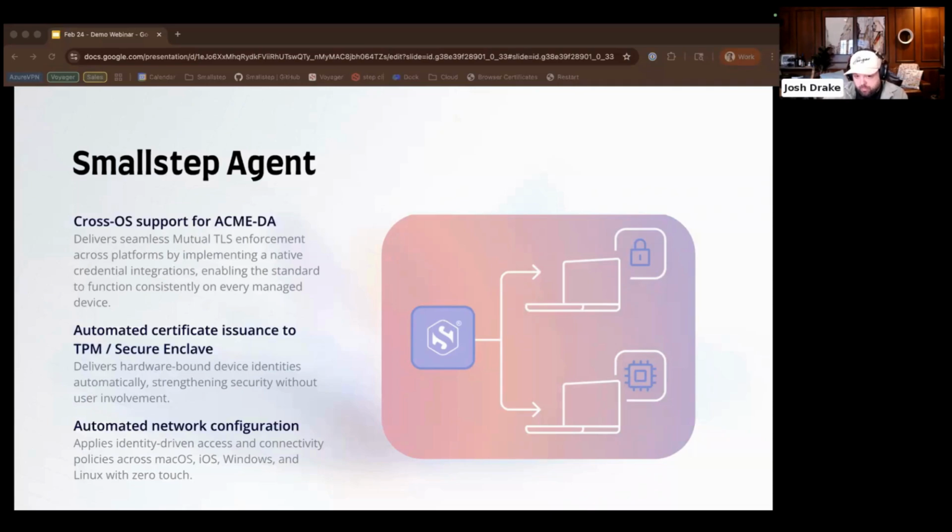The ACME DA protocol is around 3 years old now. Very shortly after standardization tracks there, we saw adoption from the Apple ecosystem. And while we pounced on that pretty early by adding that support to both our CA technology and providing attestation services within our core platform, we knew right away that this is the direction that the industry was going.